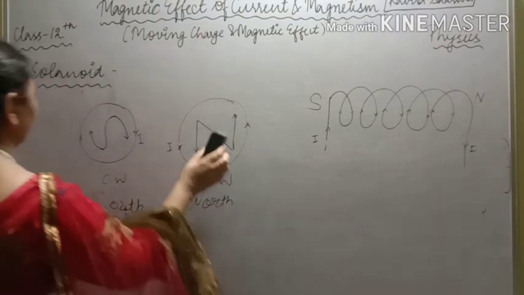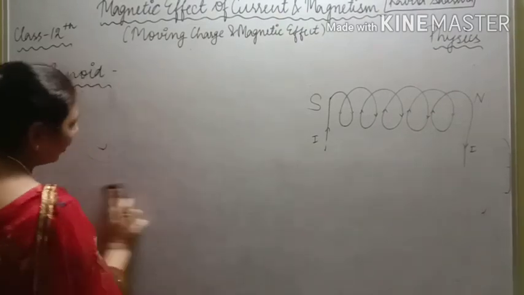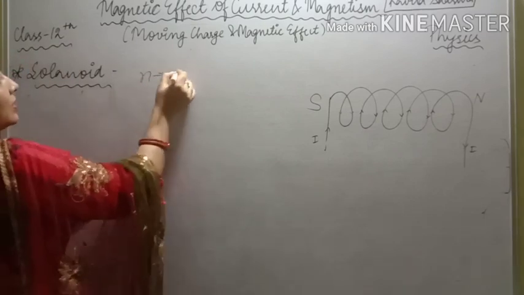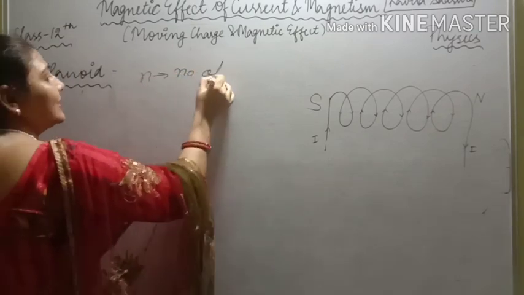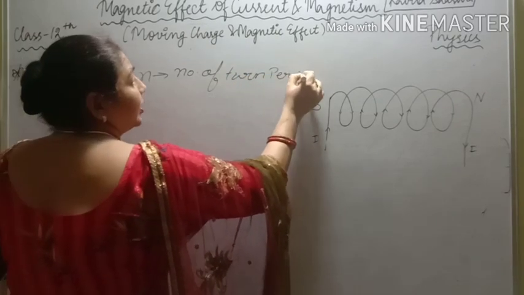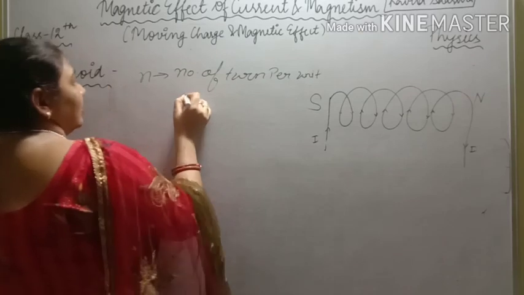right? So now we consider n is the number of turns per unit length.